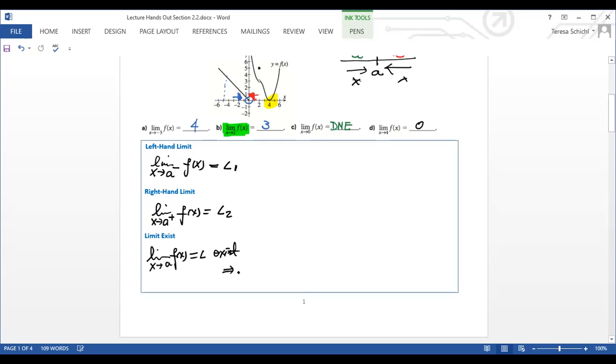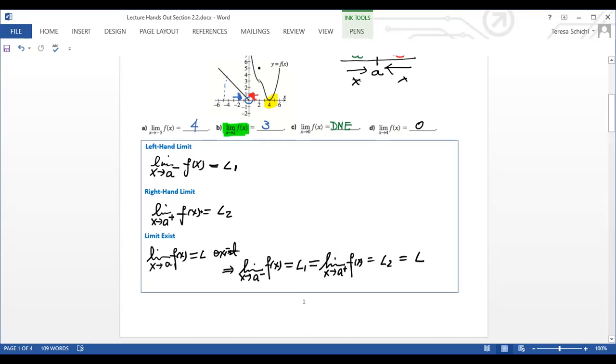That means the limit as x approaches A from the left-hand side, L1, has to be equal to the limit as x approaches A from the positive side of f of x, and they are all equal to L here. So that's how we define that a limit exists here.